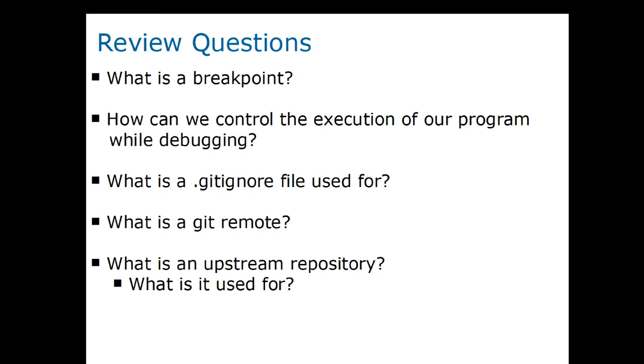Step over says, I don't care about that method, which is actually pretty useful if I feel like the method in question is fine, like I'm not worried about it, or if it's not my method, right? If it's a method from a Java library or a Spring library, I'm not going to worry about what those methods are doing. I'm just going to have to trust them that they're doing the jobs that they have set out to do, so I'm not going to worry about stepping through those particular methods. I'm going to worry about stepping through my own methods.